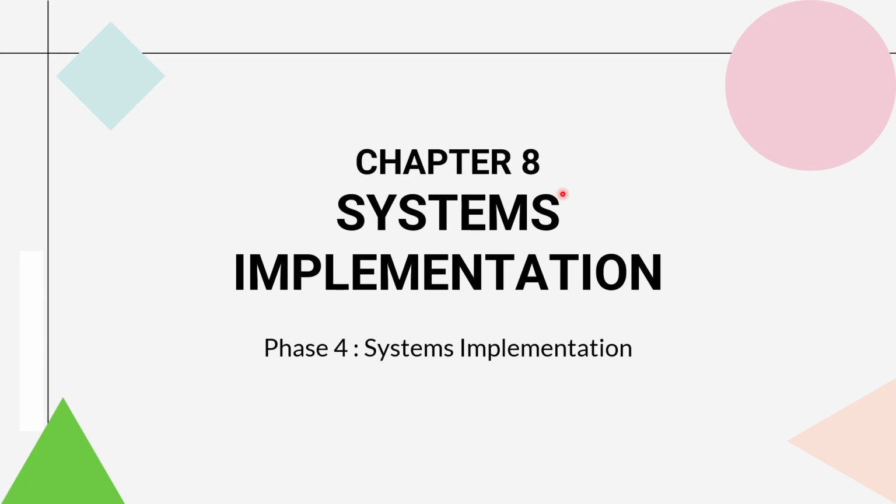It includes application development, testing, installation, and evaluation. Users will be working with the system on a day-to-day basis, and you will focus on system operation and support, which is the final phase in the SDLC.